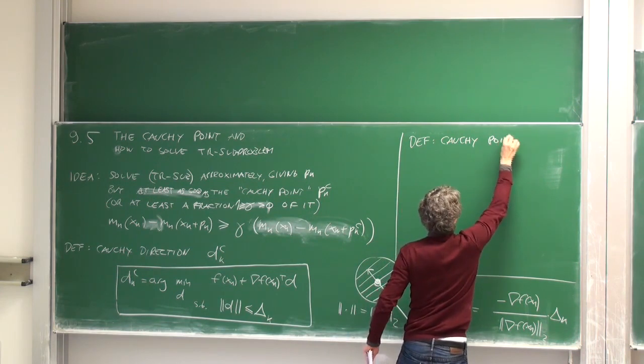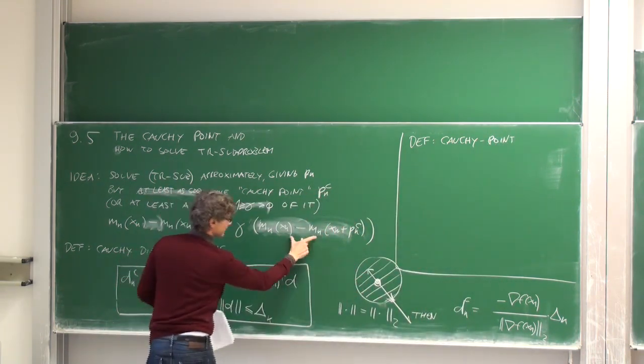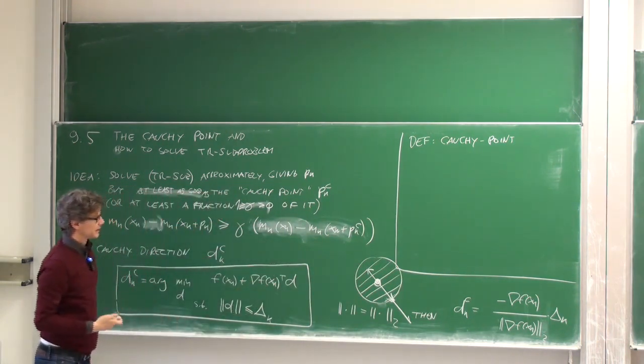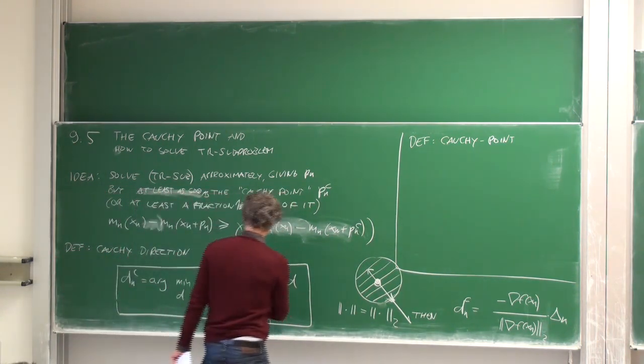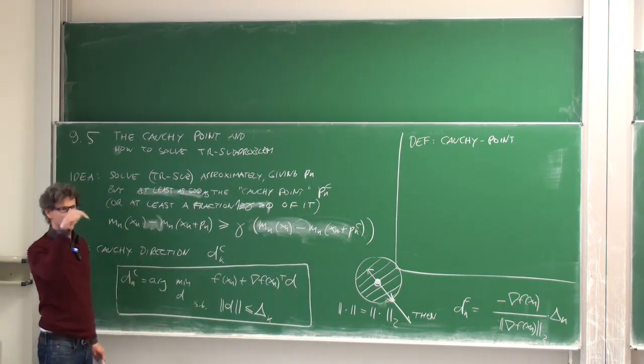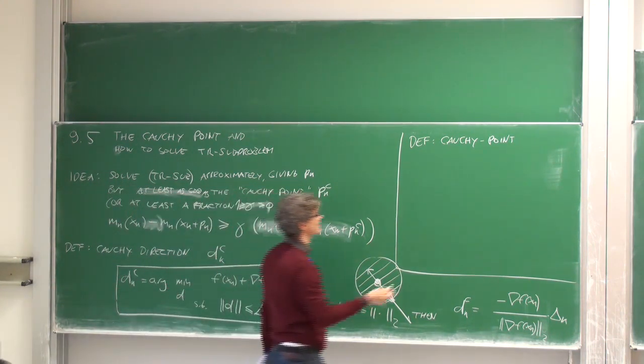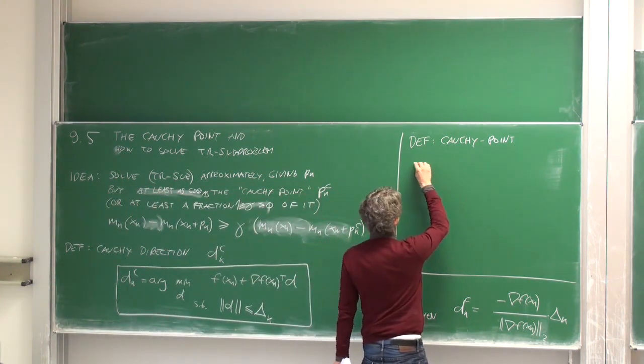That is this magic point that should always give us improvement in the model, so we want this to be positive. The Cauchy point is basically using a line search in this direction on the trust region problem.